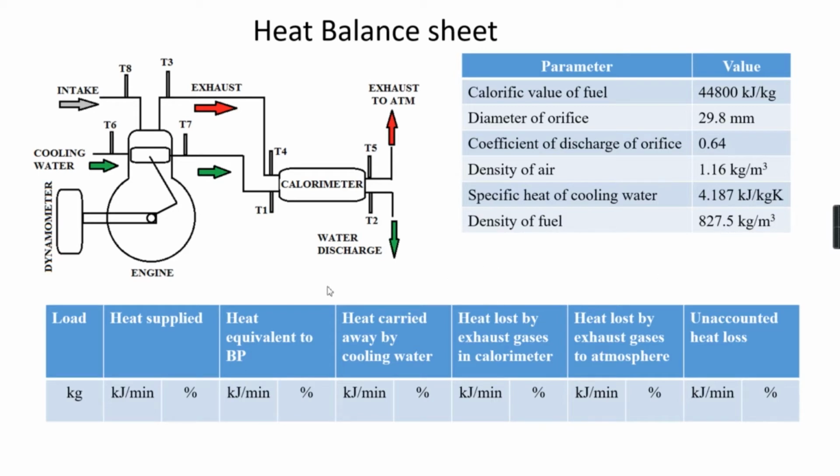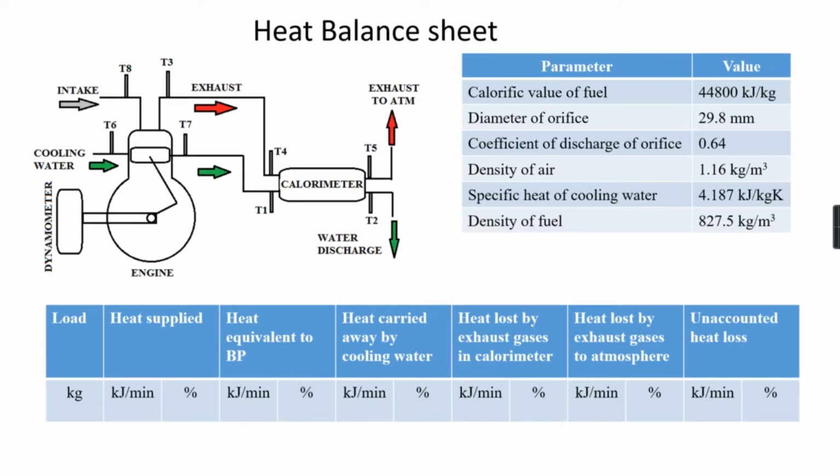So basically what is heat balance sheet? It is nothing but a balancing or a table which will give you the idea where the heat which is supplied to the engine is getting bifurcated or it is getting lost at different locations, right?